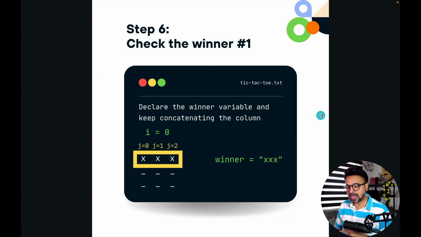Initially, suppose X has picked up this spot, so winner is going to have the X value. Then X picks up this spot, so winner is going to have X value. Next, if X picks up the third column also, then the winner value is going to have XXX, and that's where I know that X is a winner, and vice versa. The same thing can be possible for the O also.